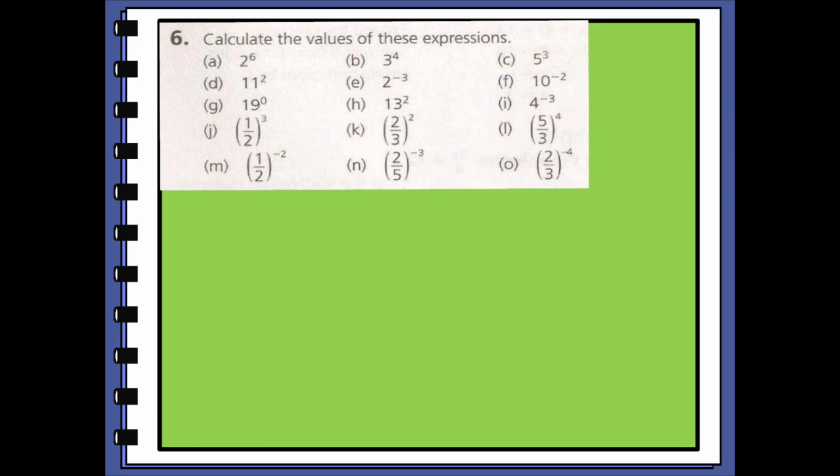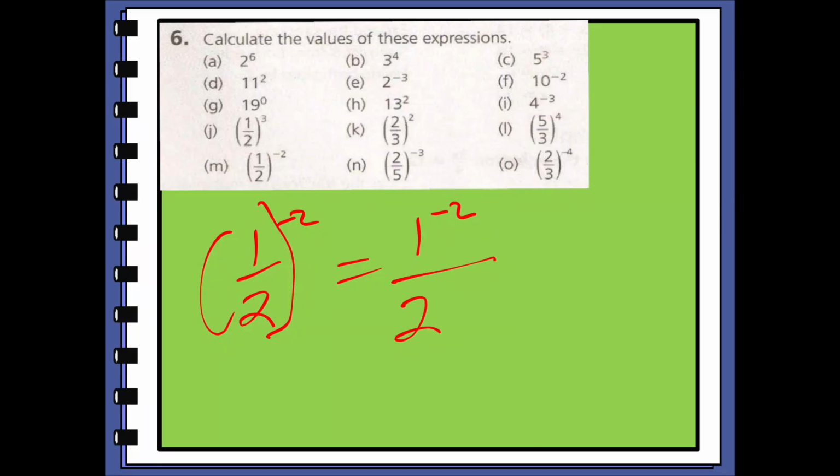Okay, so for M it says 1 over 2. This time around we have got negative 2 outside the bracket. This means that 1 will share negative 2 and 2 will also share negative 2. Now we do know that when you have a power which is negative, it means 1 over that number with a positive power.